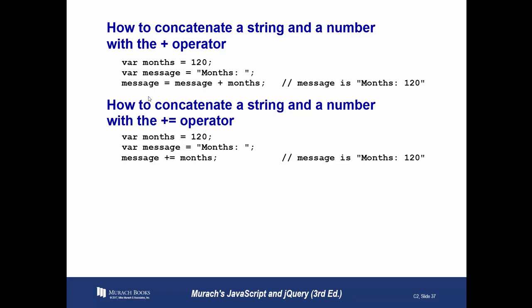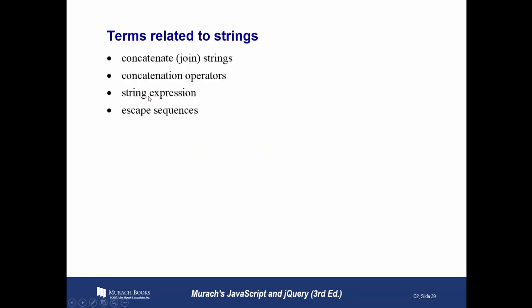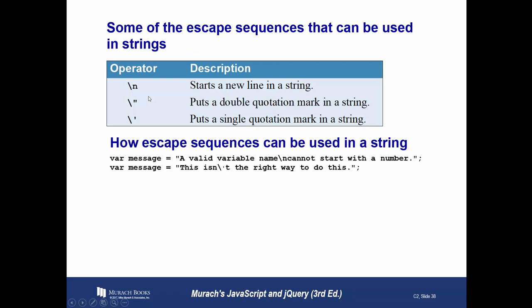You can concatenate strings and numbers, so you're adding a non-number and a number, so the number becomes a string, in other words. If you put a \n at the end of a line, so if I said this, a valid variable name cannot start with a number, then on one line I'd have a valid variable name, then it would be like I hit enter, and the cannot start with a number would be on another line.